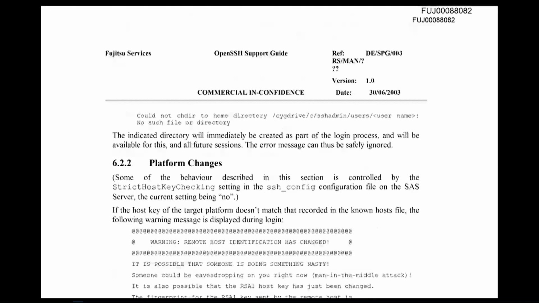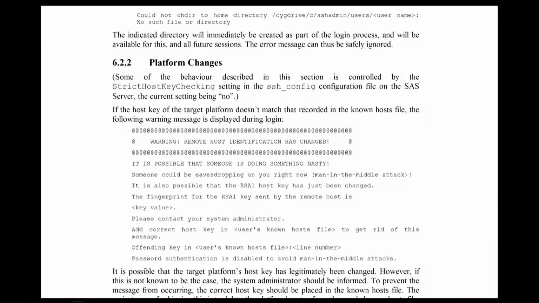And then over the page, please. And then scroll down to the bottom of the page.